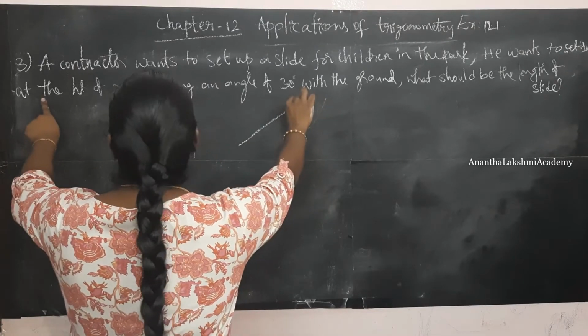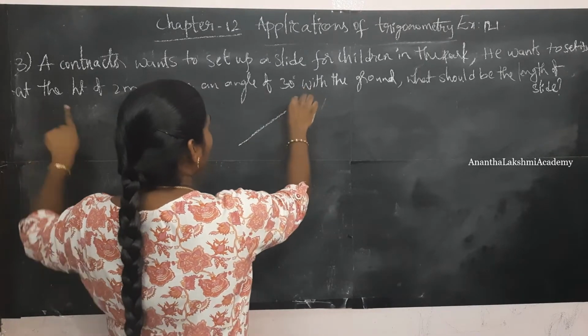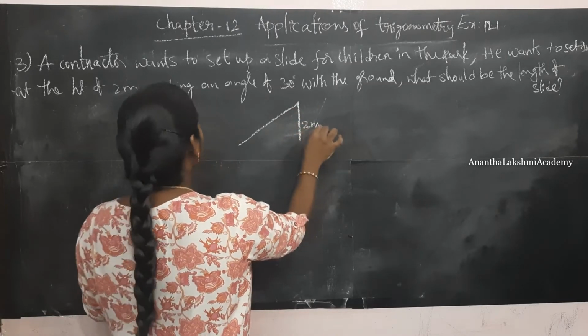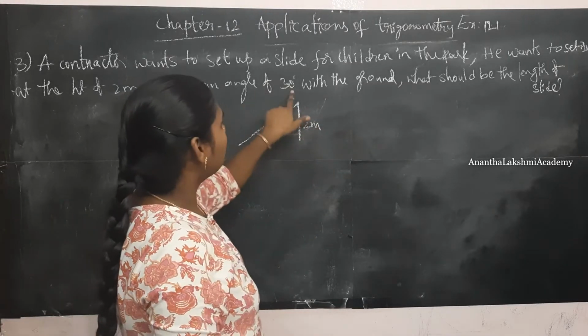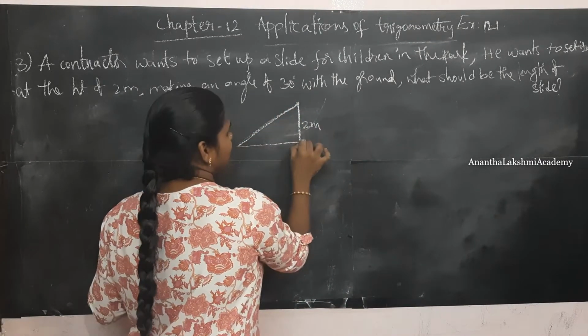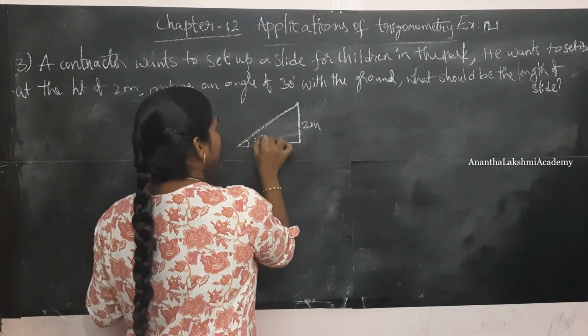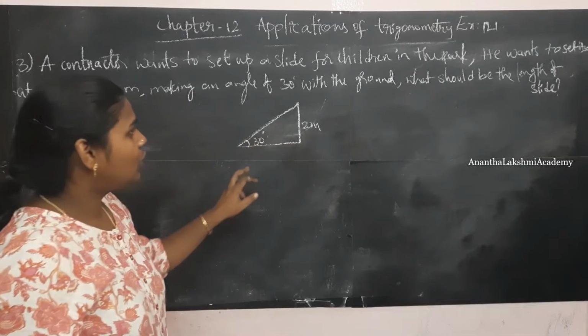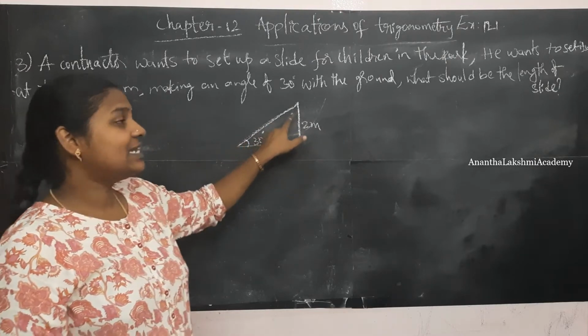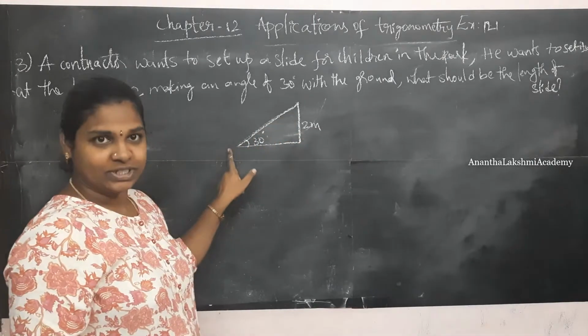So he wants to set it up at a height of 2 meters, making an angle of 30 degrees with the ground. So the slide is going to make an angle of 30 degrees with the ground. What should be the length of the slide? The length of the slide is nothing but the hypotenuse.